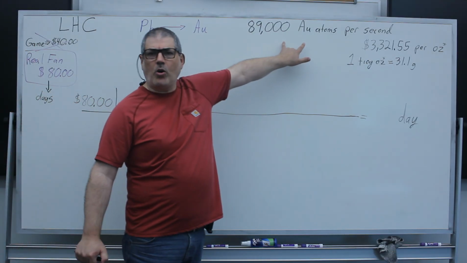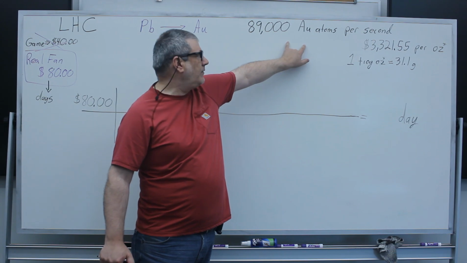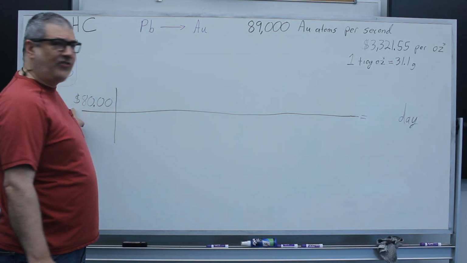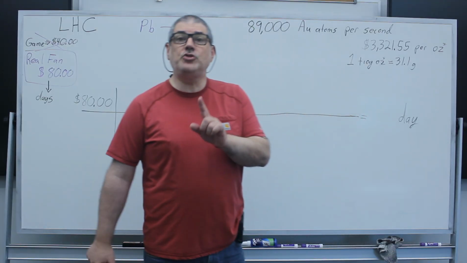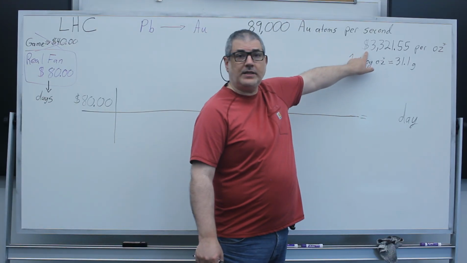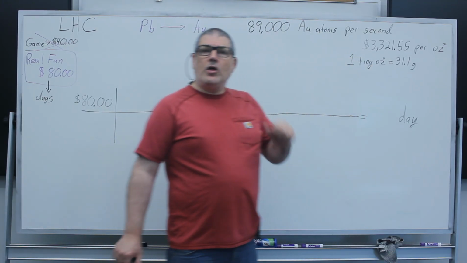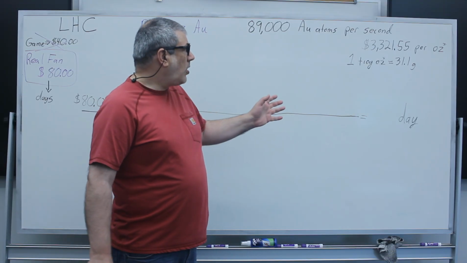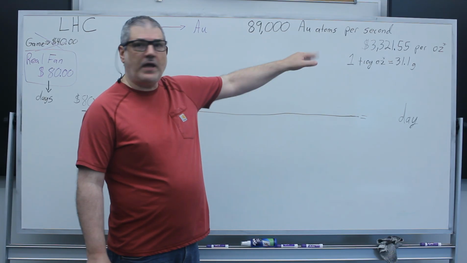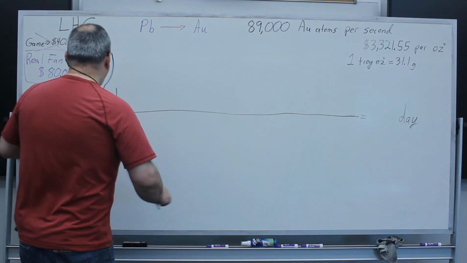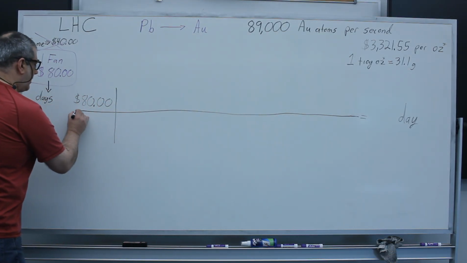So what is my first unit conversion going to be? Well, I can't use the gold atoms, even though that's the heart of the problem, because this is just in dollars, in currency. But I do have a unit in currency. For 1 ounce of gold, it's $3,321.55. So I'm going to put that in. Now, units have to cancel.